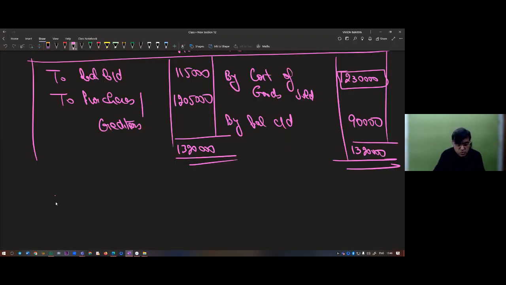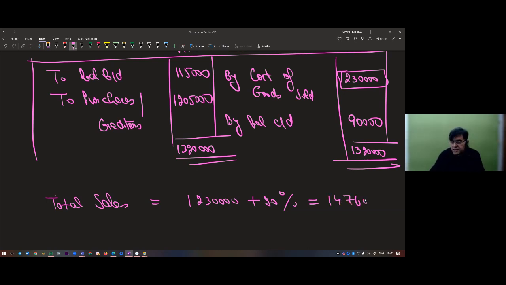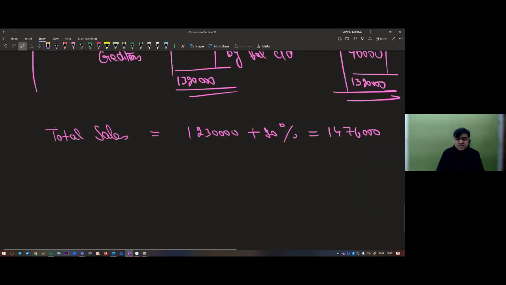Now, total sales: 1230 plus 20% is 1476. Next is cash sales.